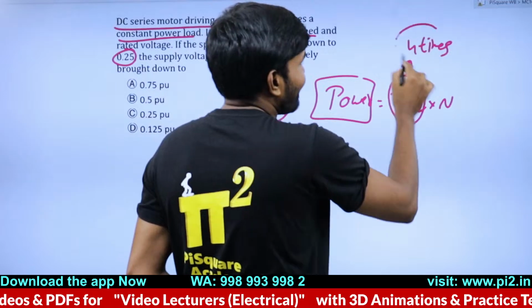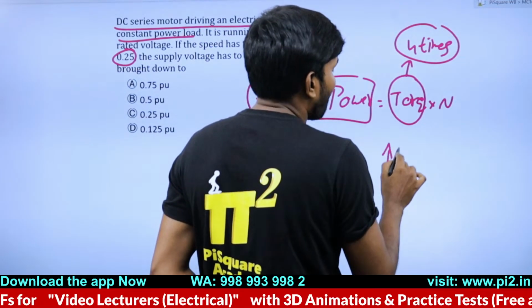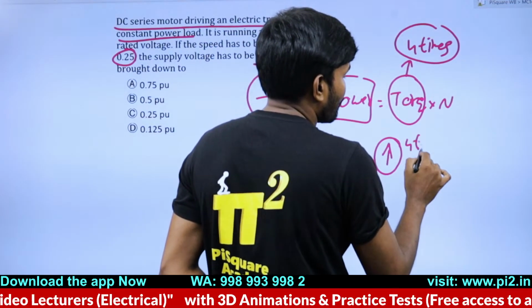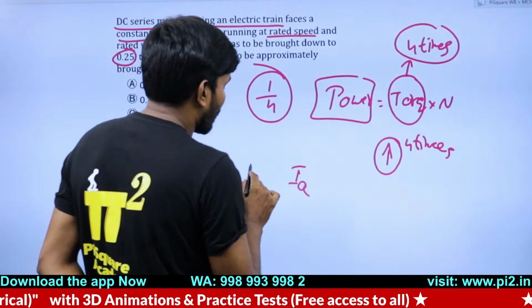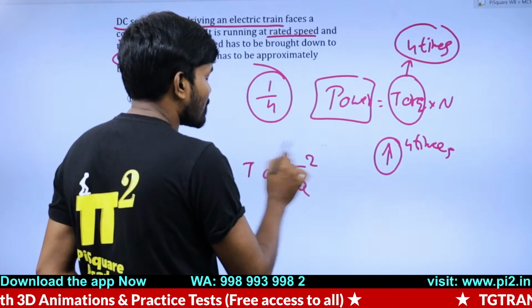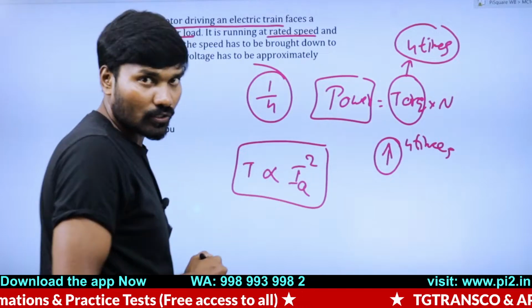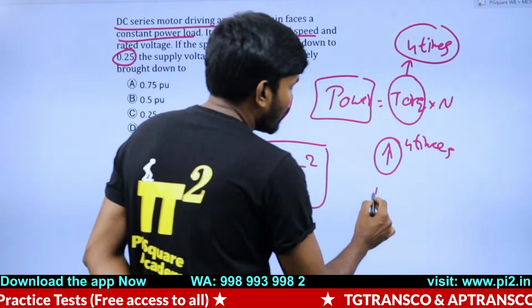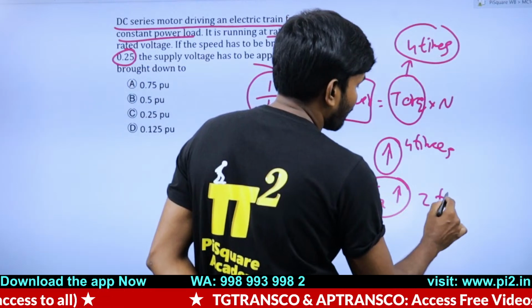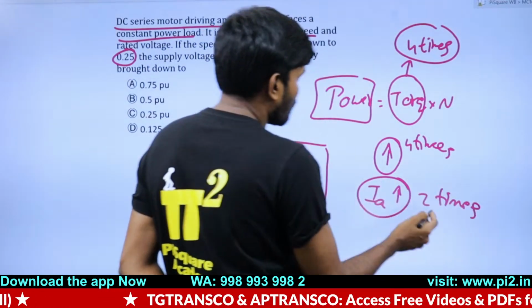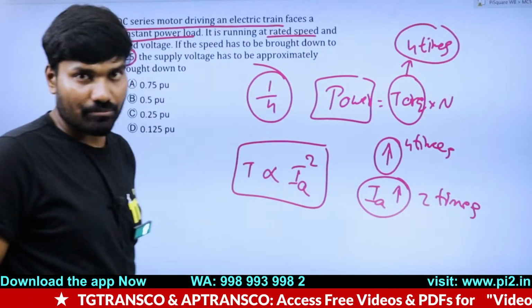If torque is to go up by 4 times, the current IA should increase by 2 times, because torque is proportional to IA square in the case of a series motor. 2 square is 4, so torque is increased by 4 times.